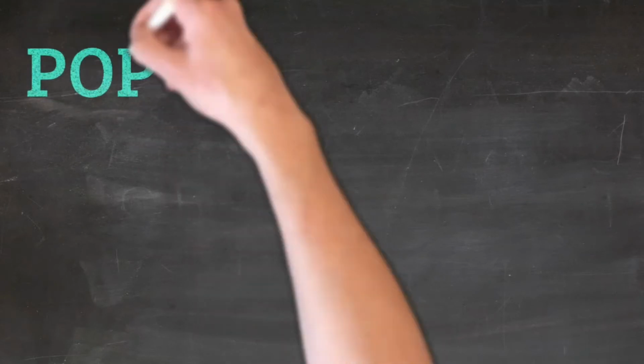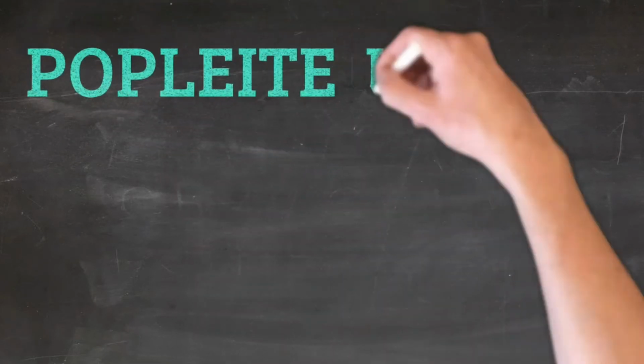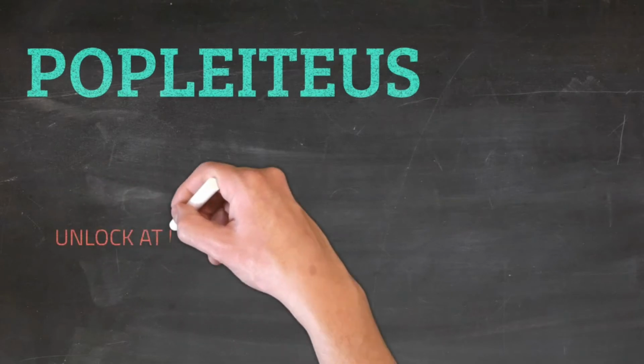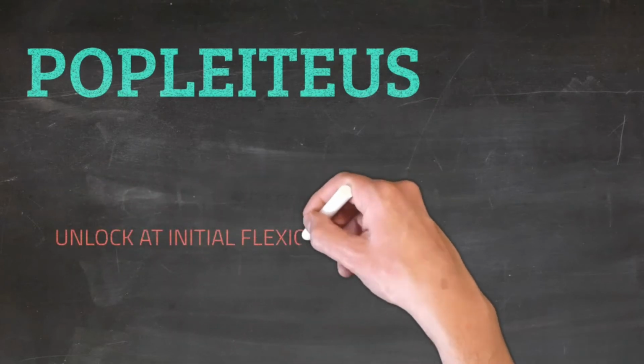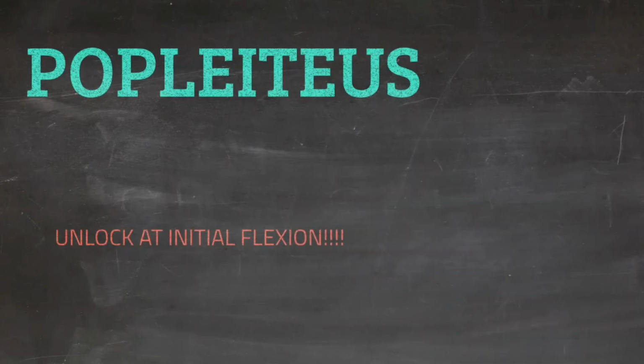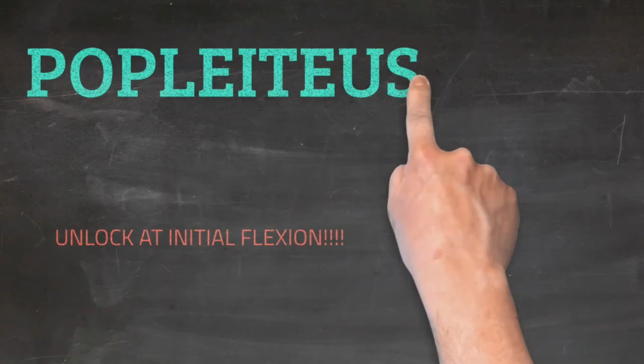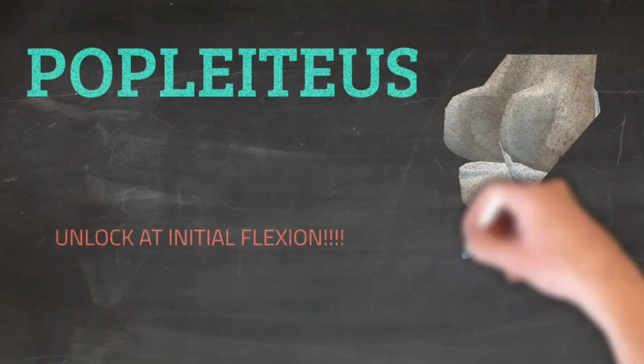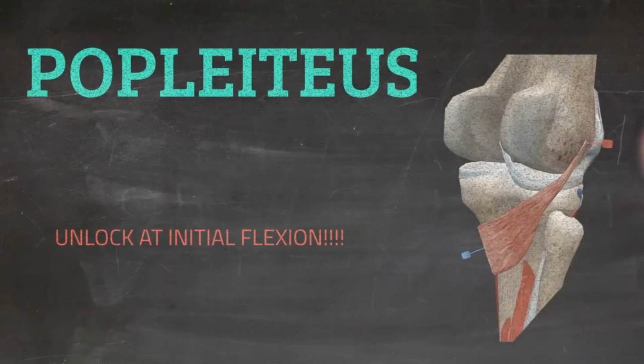The popliteus, which wraps around from the insertion at the lateral femoral condyle to the posterior tibia, is an internal rotator of the tibia. It fires on initiation of flexion and internally rotates the tibia, thereby unlocking the knee joint. So the popliteus itself has an effect on unlocking the knee joint.